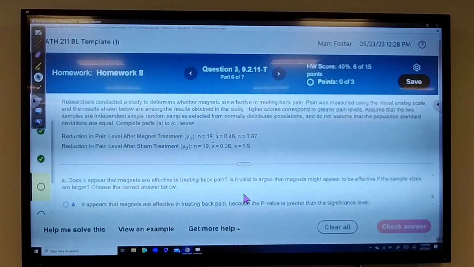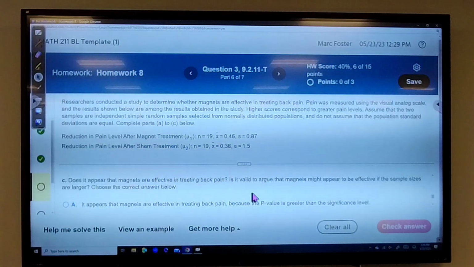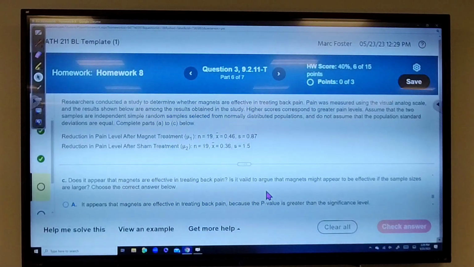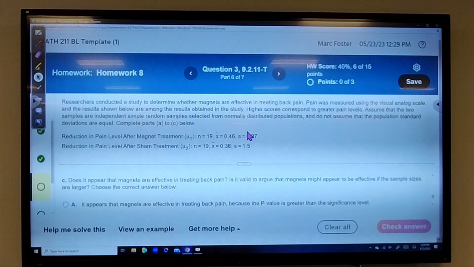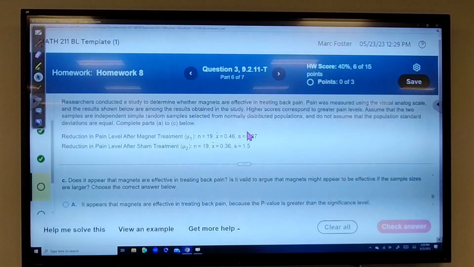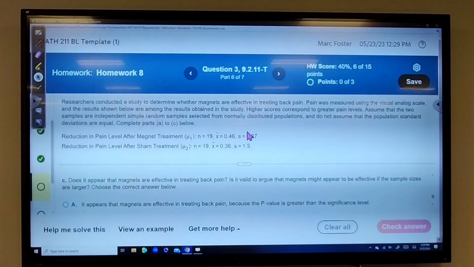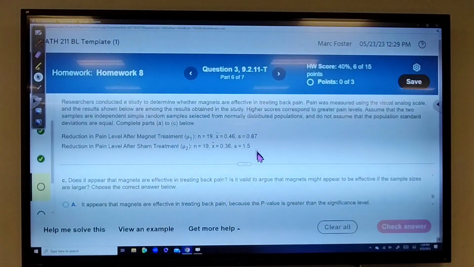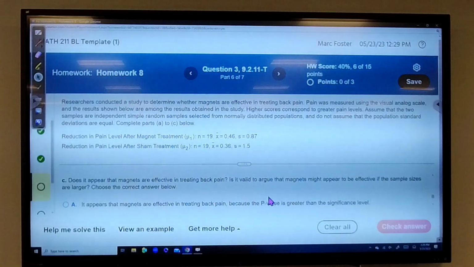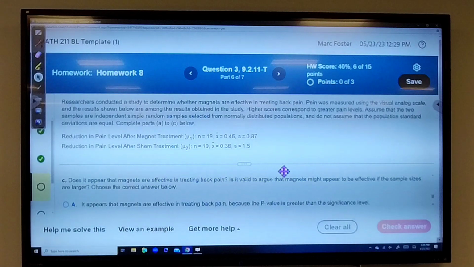That's not the greatest question, because common sense tells you no. You could have a sample size of all the people on the planet, and you're not going to ever be able to show that magnets are effective at all. It's pseudoscience.